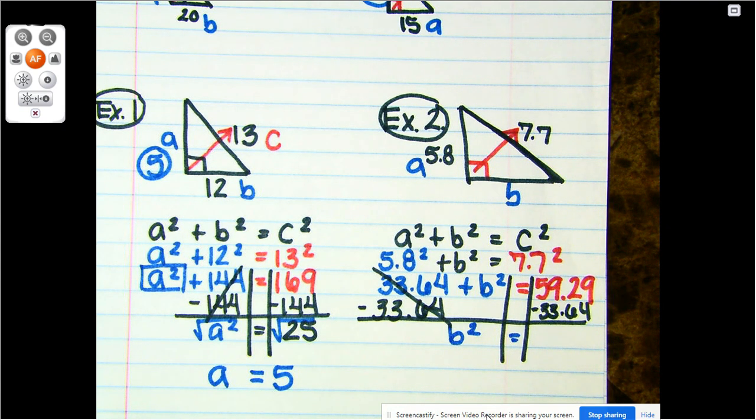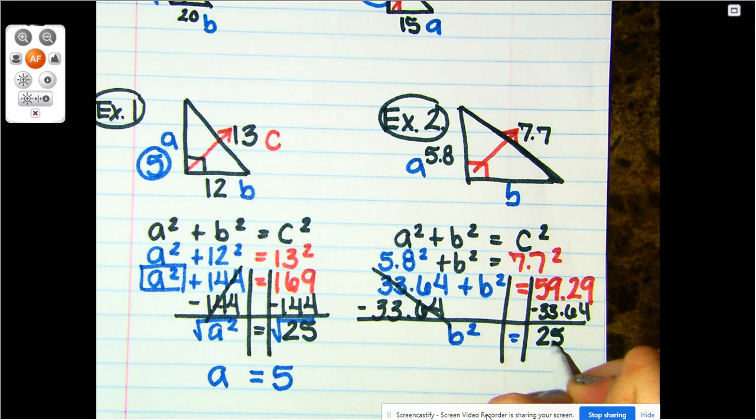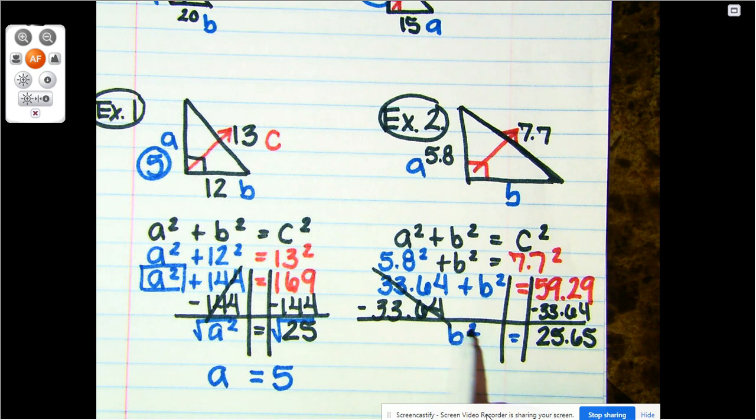And let's do 59.29 minus 33.64. That number is 25.65. We're not done yet because this is still in squared form, so you have to do the opposite, or inverse, of that, which is taking the square root, and b is equal to the square root of 25.65.